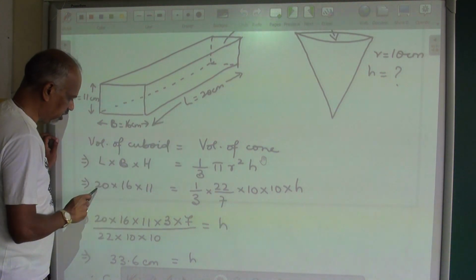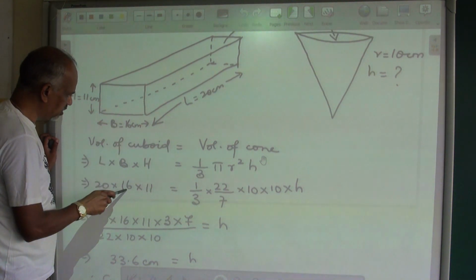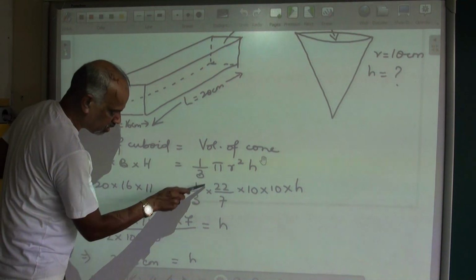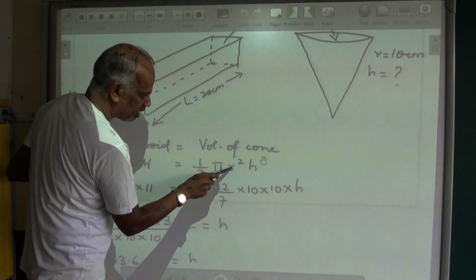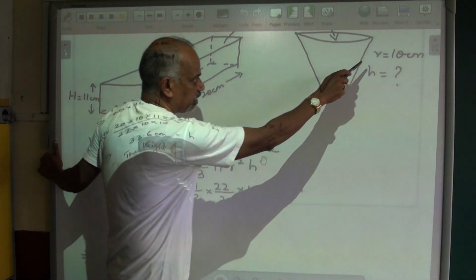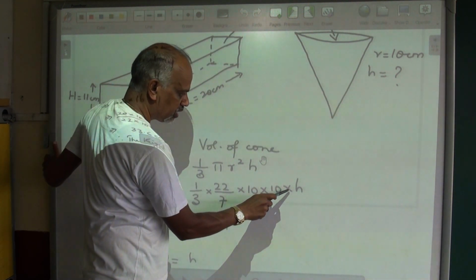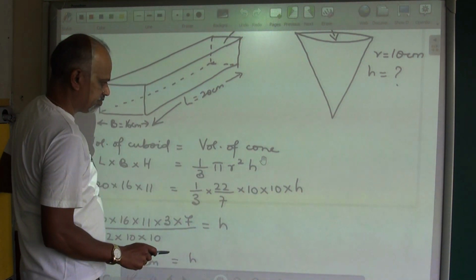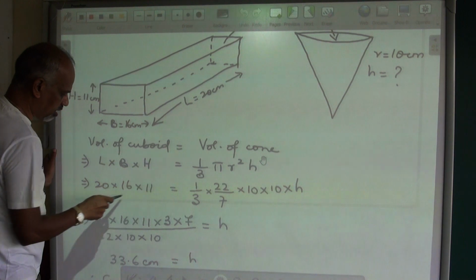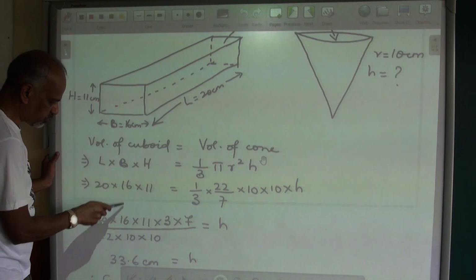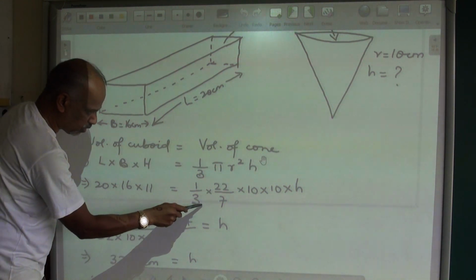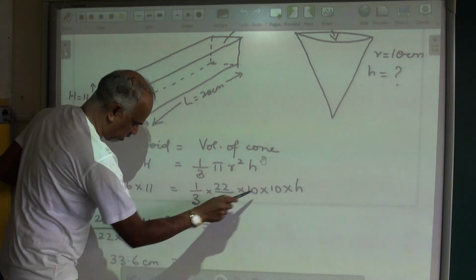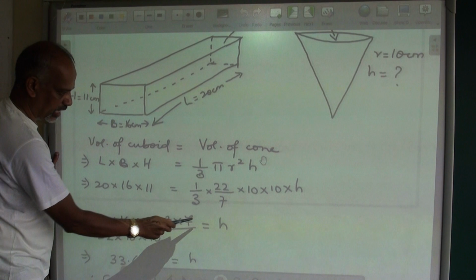L is 20 into breadth 16 into height 11 is equal to 1 by 3, pi value 22 by 7, into r value 10 into 10, into height, which is what you have to find. So h. Keep the h here and bring all these numbers to this side. So 20 into 16 into 11 into 3 into 7 divided by 22 into 10 into 10. That's what is here. That will give you the height.